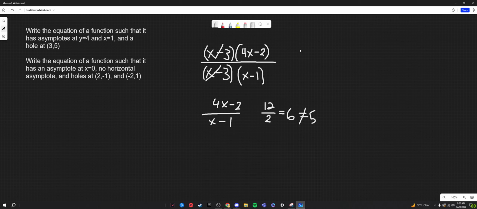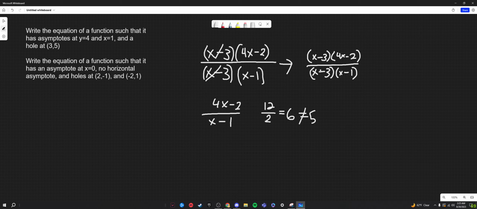This is our full equation: x minus 3 times, not x, but 4x minus 2, and this is all over, once again, x minus 3 to give us the hole at x equals 3, and then x minus 1 to have a vertical asymptote at x equals 1.